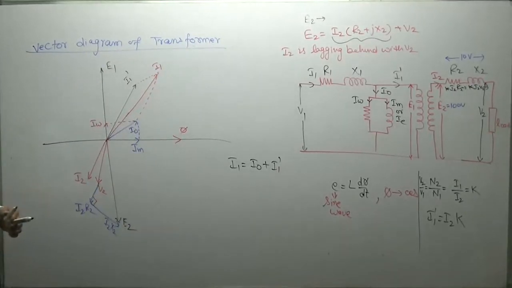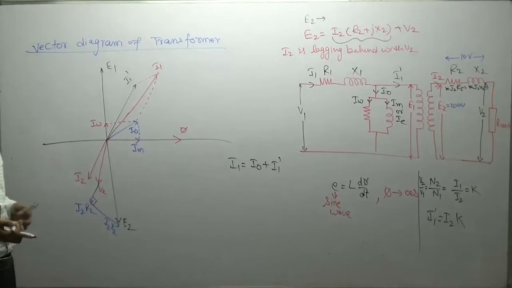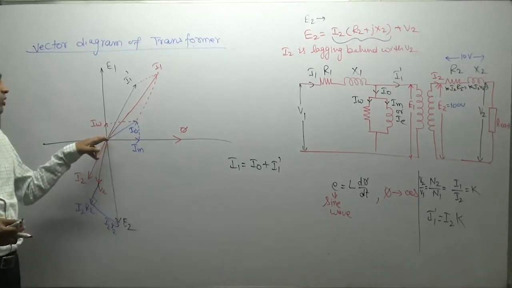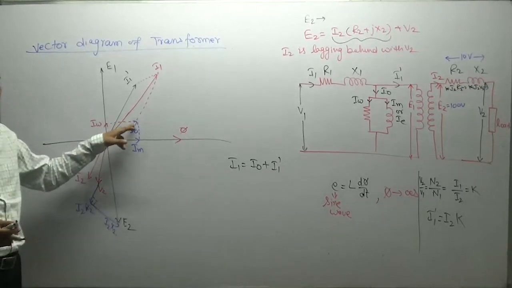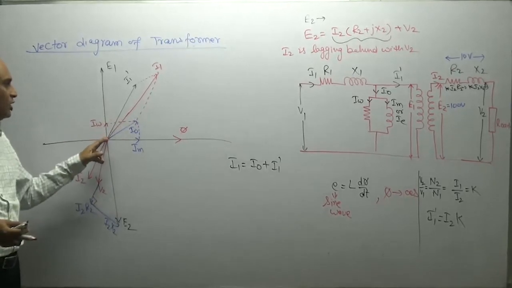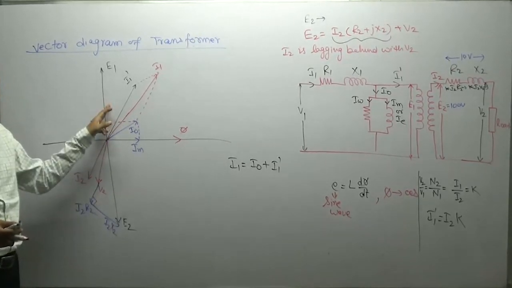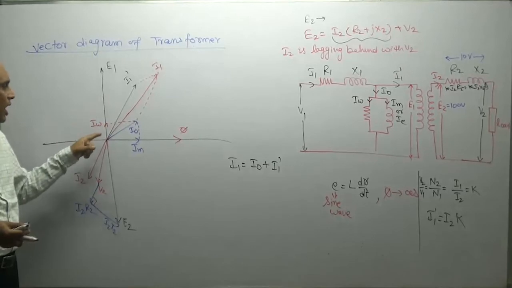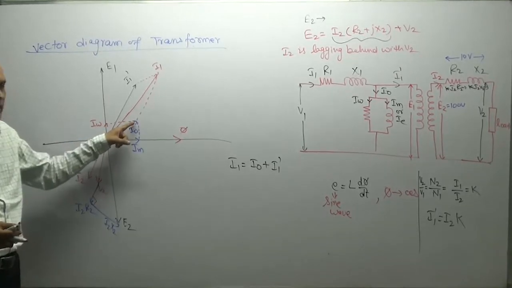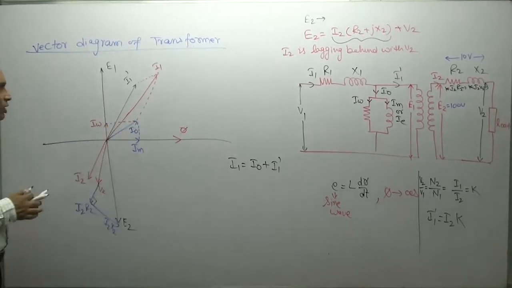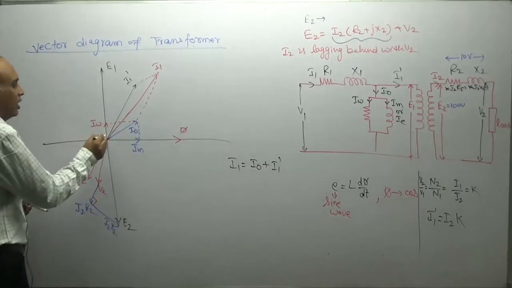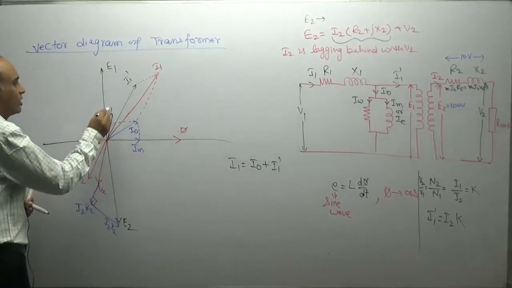Now I have one question, why is I0 drawn here, why not drawn somewhere else? What is the point? Why have I drawn the I0 in this direction?